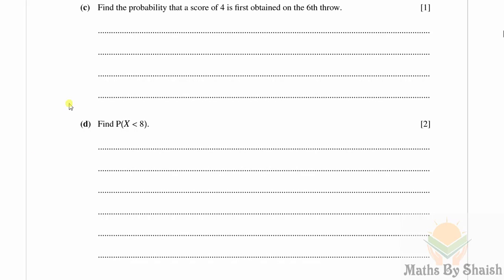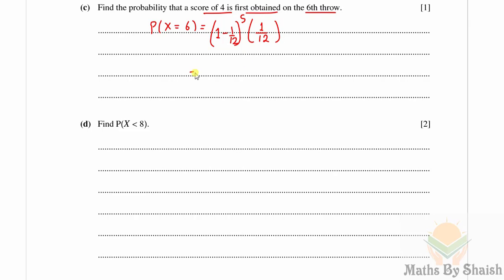So here's the C part. Find the probability that a score of 4 is first obtained on the 6th throw. It means that in the first 5 throws the score was not 4, so that is 1 minus 1 over 12, that is 11 over 12, to the power 5, and on the 6th throw the score became 4, which is a success, so 1 over 12.